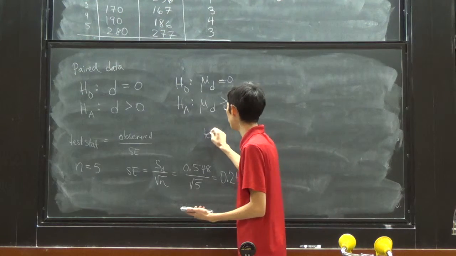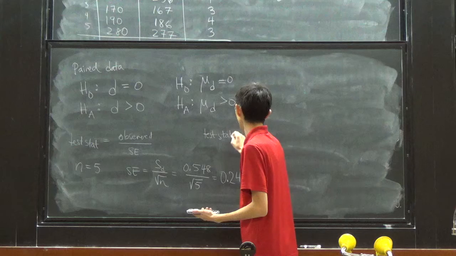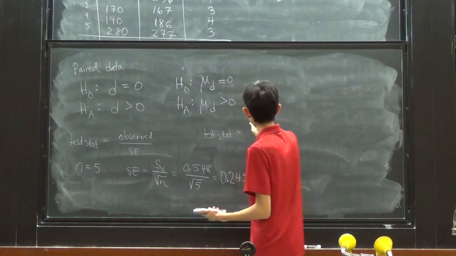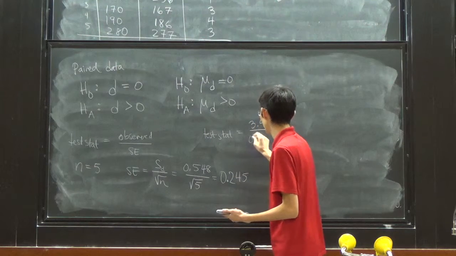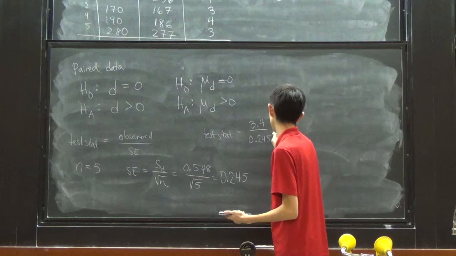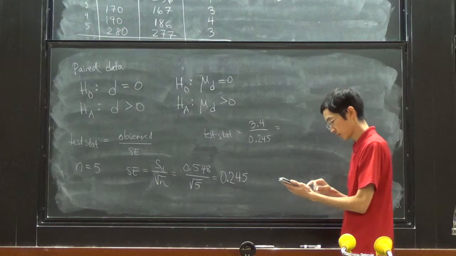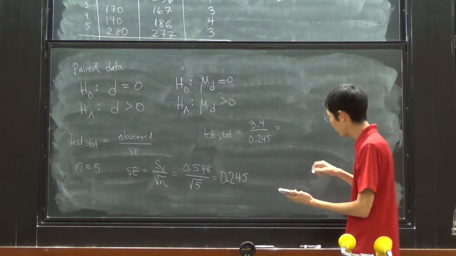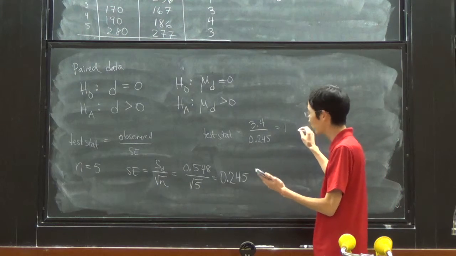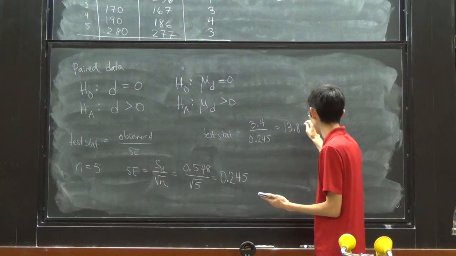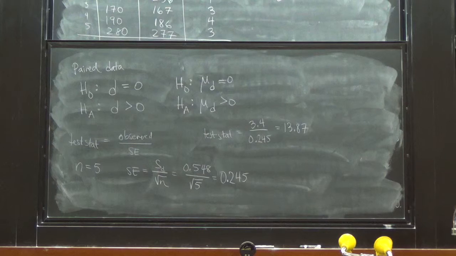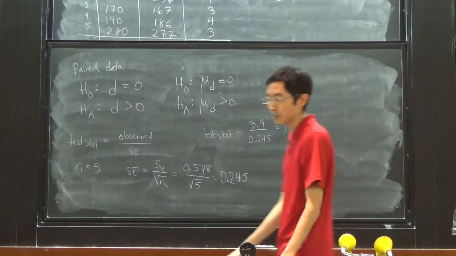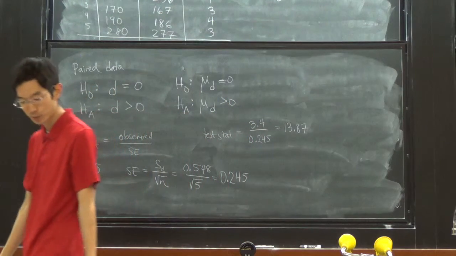So my test statistic is equal to 3.4, my observed difference, divided by my standard error, 0.245. And I get a test statistic of 13.87. Okay, so this is ridiculously large. Okay, 13.87. We're about 14 standard deviations away from the mean. Okay.